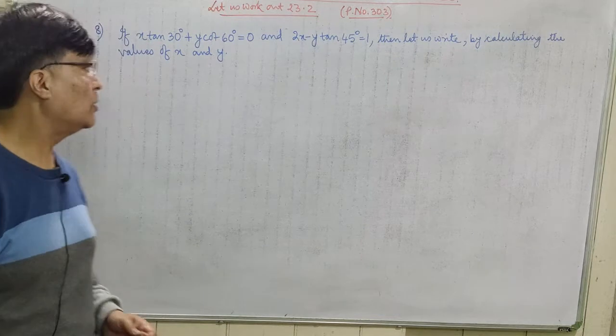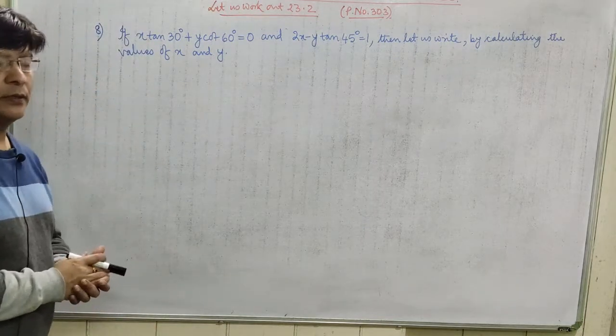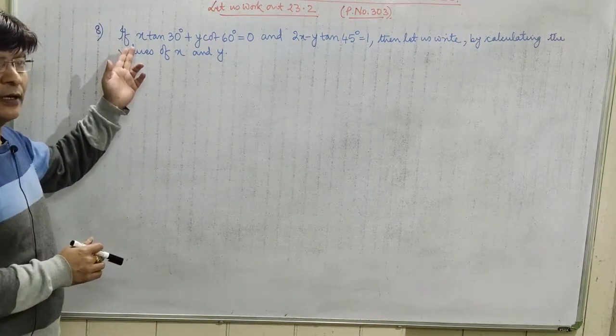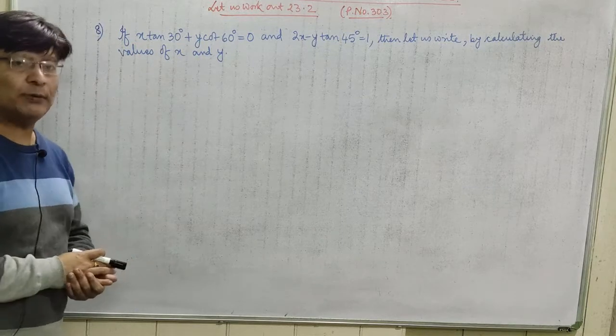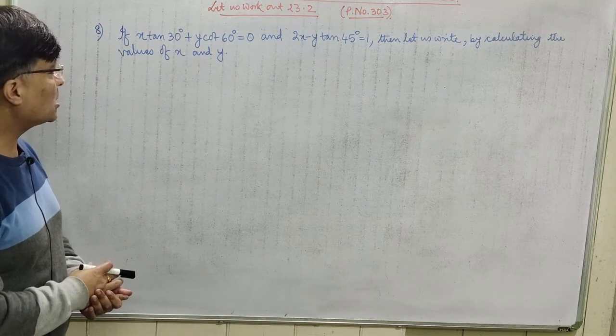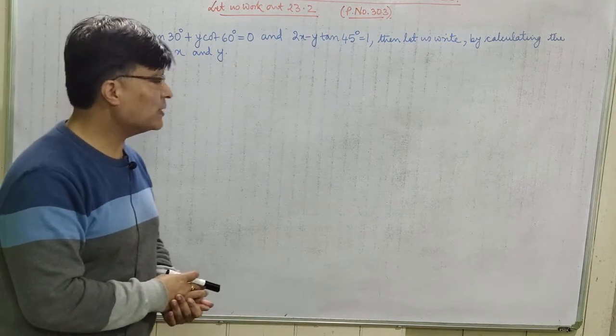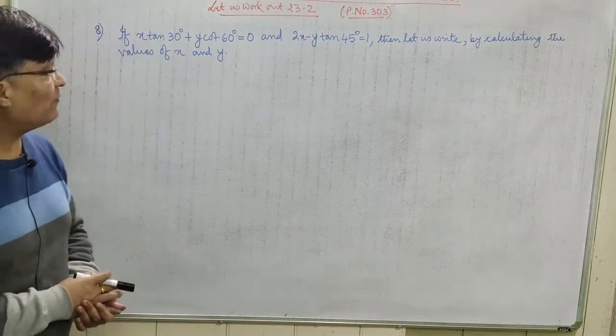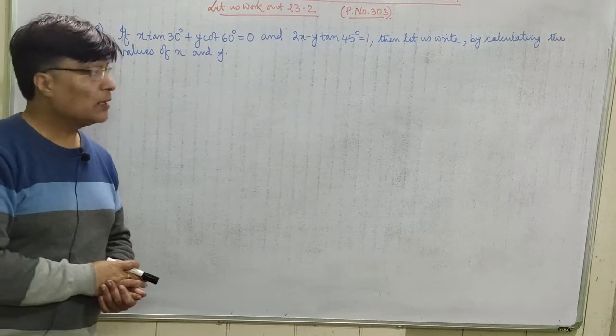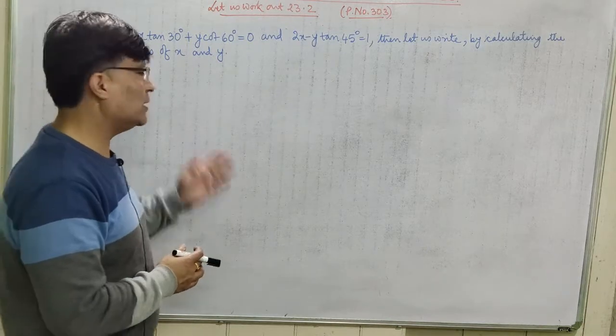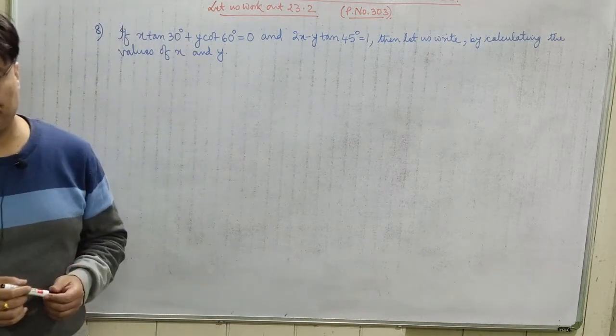So now we'll do question number 8. The question is, if x tan 30 degree plus y cot 60 degree is equal to 0 and 2x minus y tan 45 degree is equal to 1, then let us write by calculating the values of x and y.